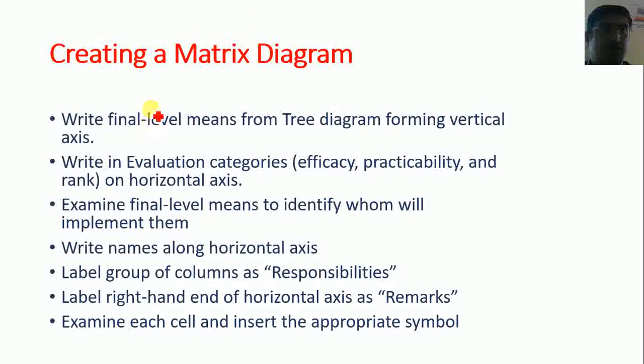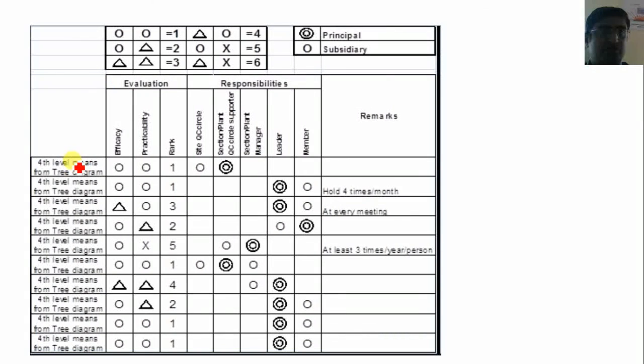Now, how can we draw a matrix diagram? First, write the final level means from the tree diagram on the vertical axis. Here you can see in the rows there are many fourth level means.